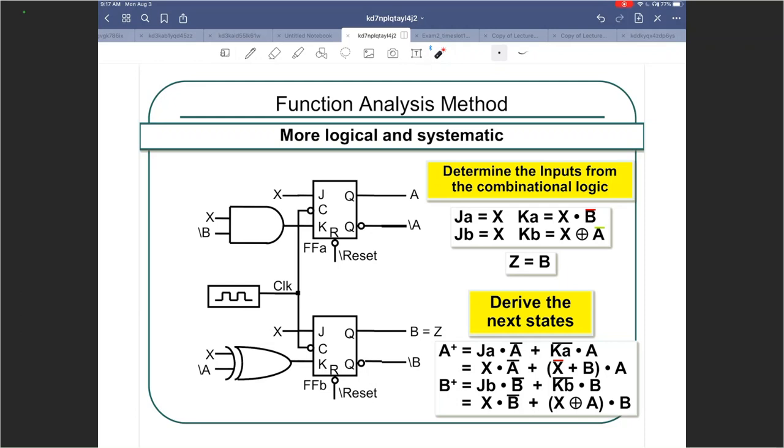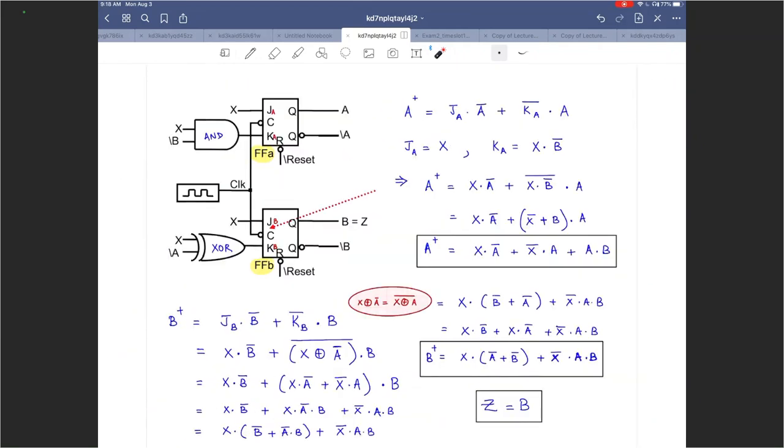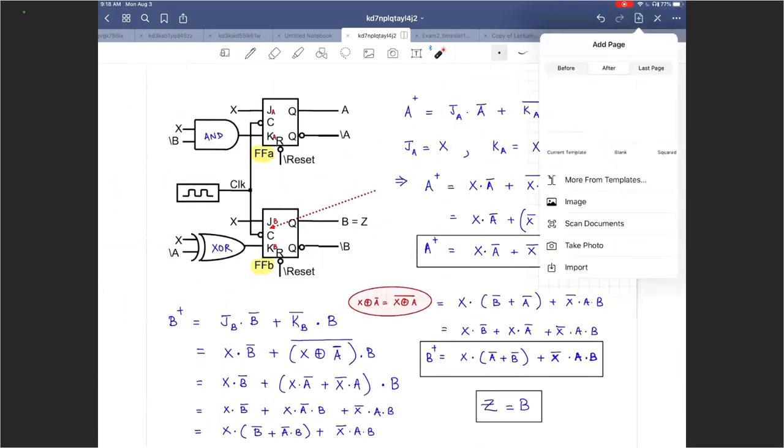Now from this, we are going to need a table, right? Which is going to be our encoded state table. So how do I do that? Well, I have the equations, so I should be able to do that. Let me do it after this current slide.